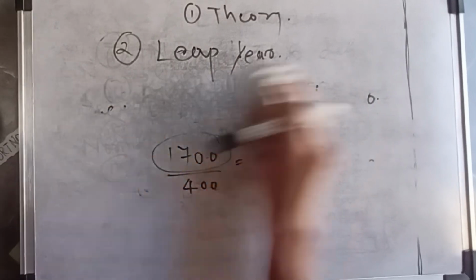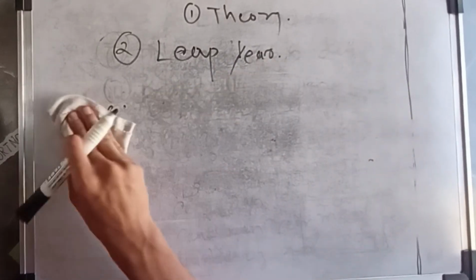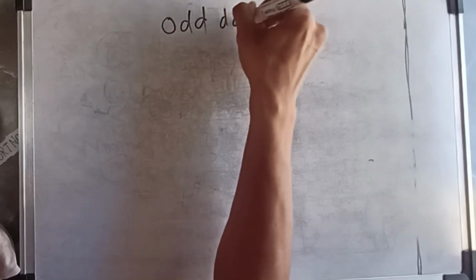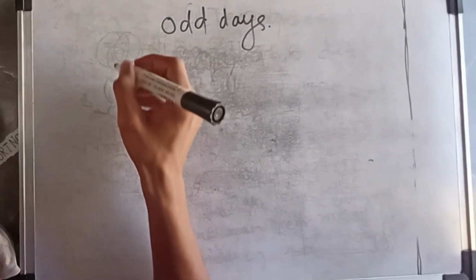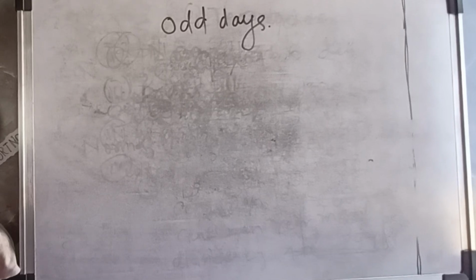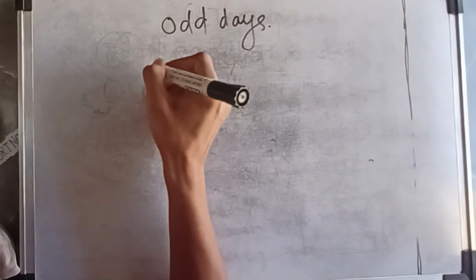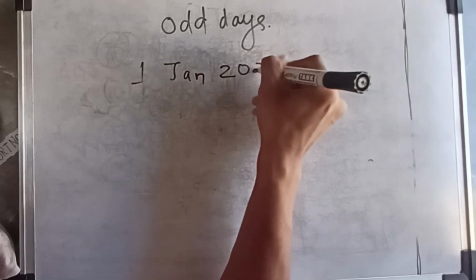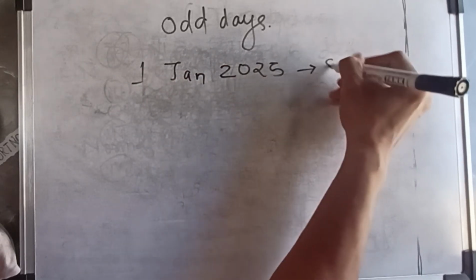From this concept of leap year and centurion leap year, we will now formulate a simple theory for ourselves, and the theory is the concept of odd days. Let's assume that the 1st of January 2025 started on Sunday.